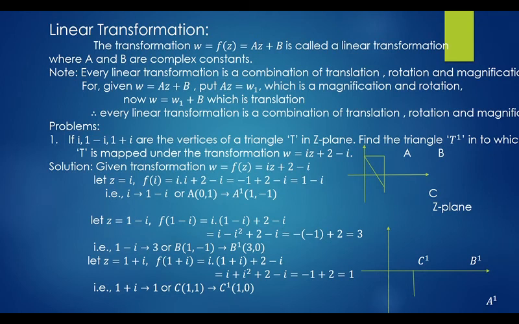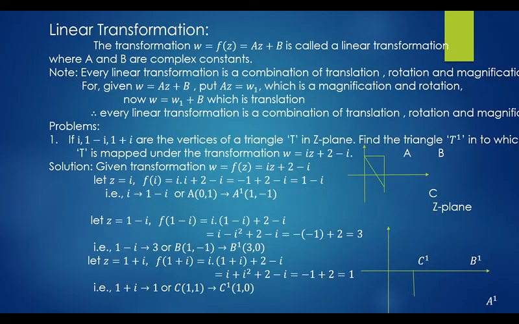So if we substitute Az as W1, then W becomes W1 plus b, which is translation. In the translation definition, we saw that W equals z plus c. So it is of the form of translation. Hence linear transformation is the combination of translation, rotation and magnification.